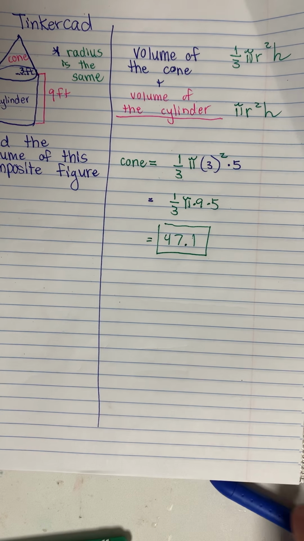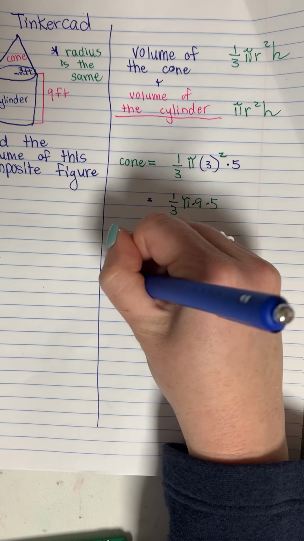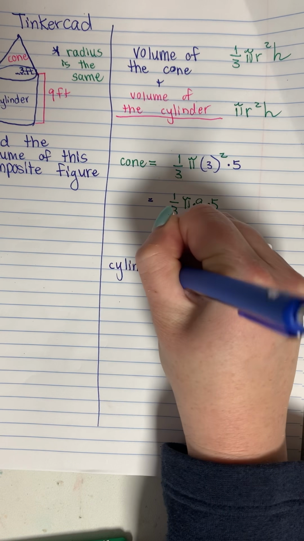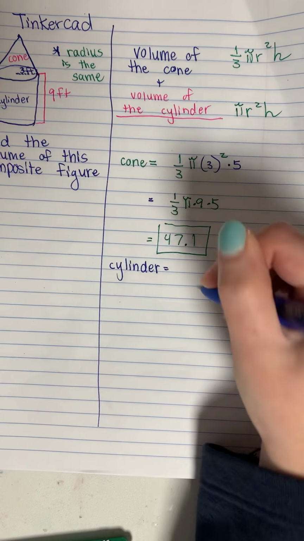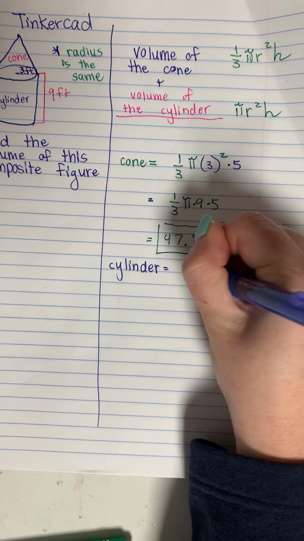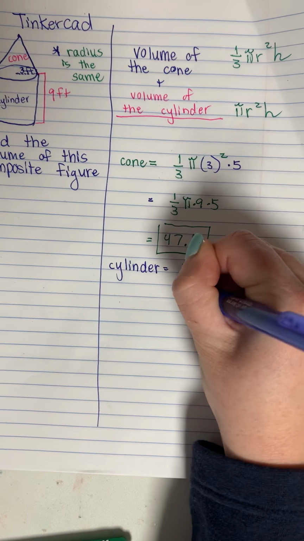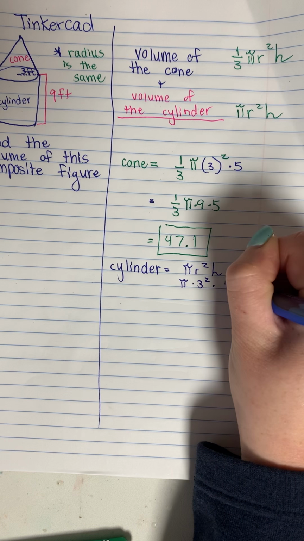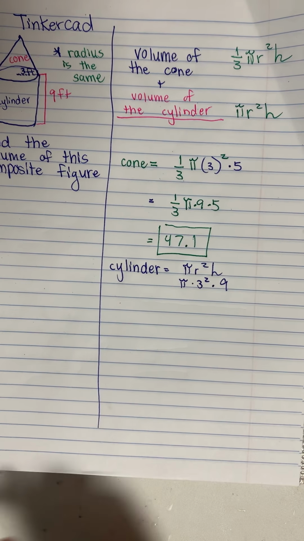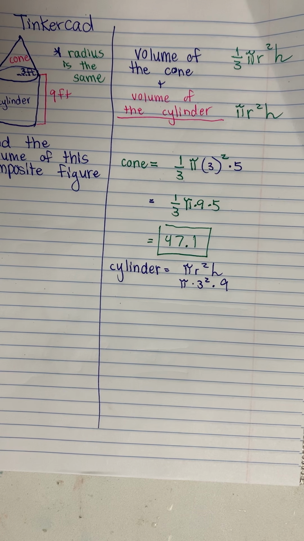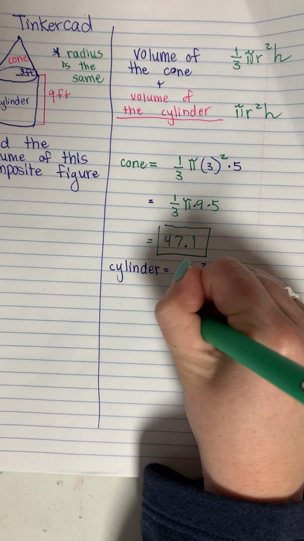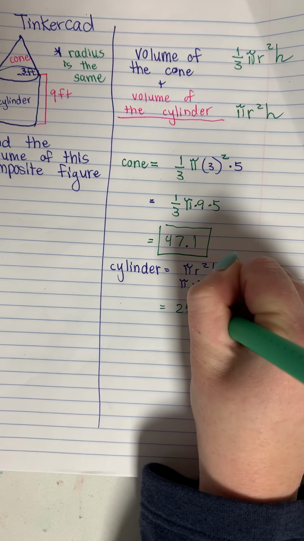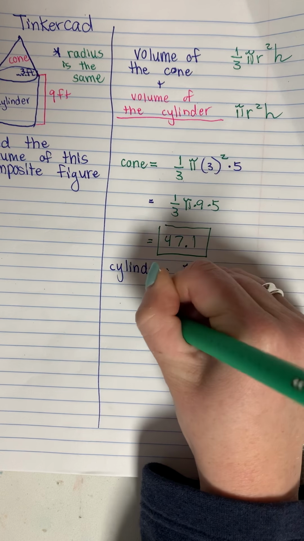Now let's add it to this cylinder, which is going to be pi r squared height. Our height of this one was 9. Which is 254.5 for the cylinder.